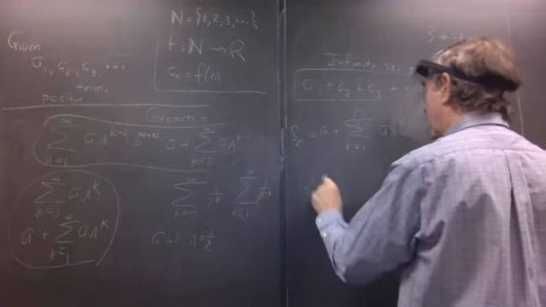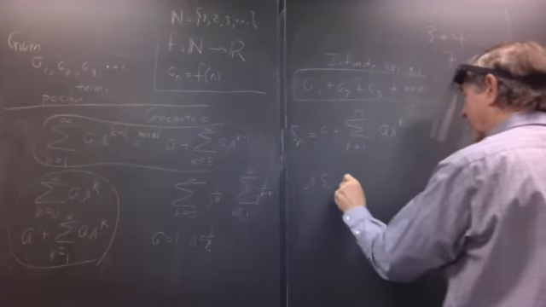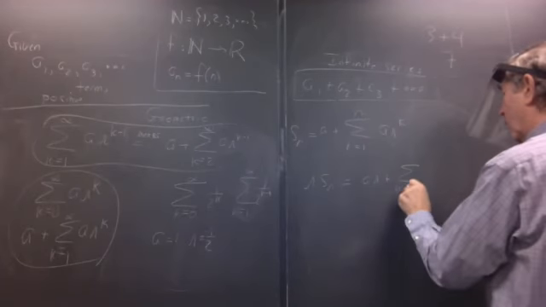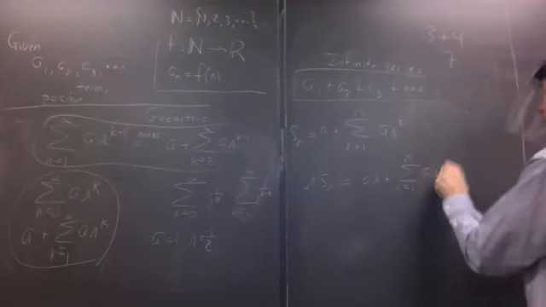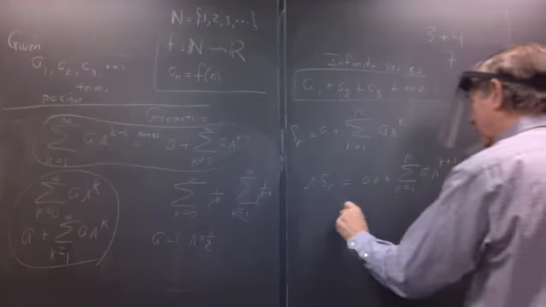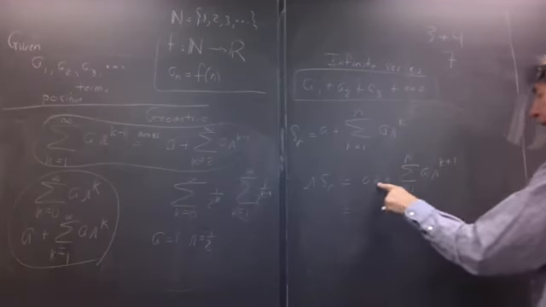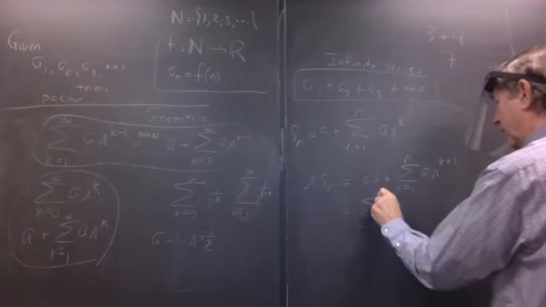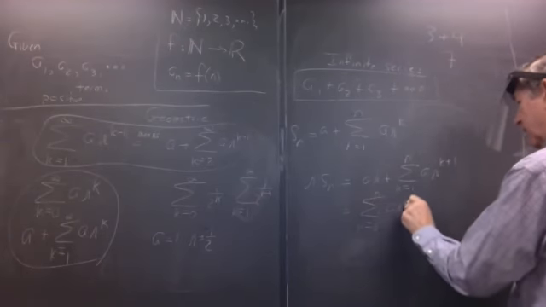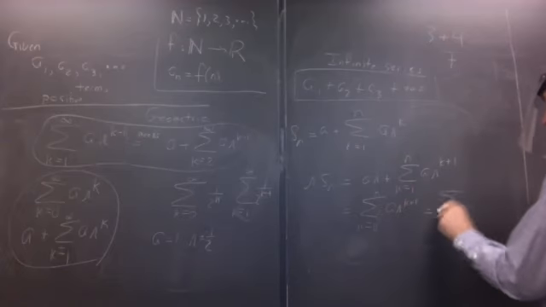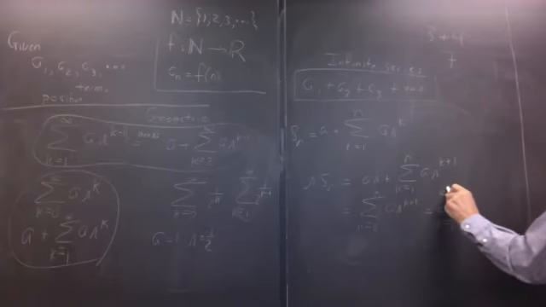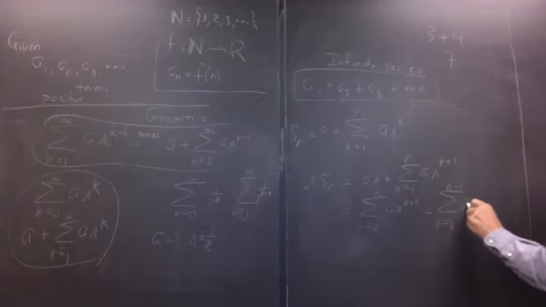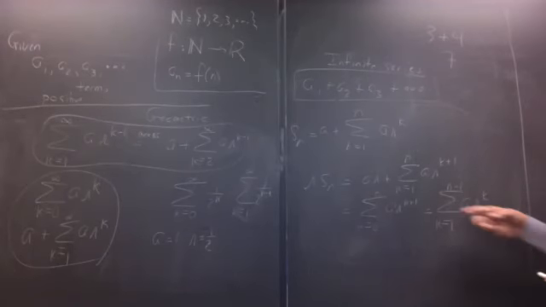We multiply by r, and we will get ar plus the sum from 1 to n of ar to the k plus 1. Then we say, hey, now I have ar, so I can make this the sum from 0 to n of ar to the k plus 1, but I don't like that, so I'm going to change that by changing the meaning of the subscript.